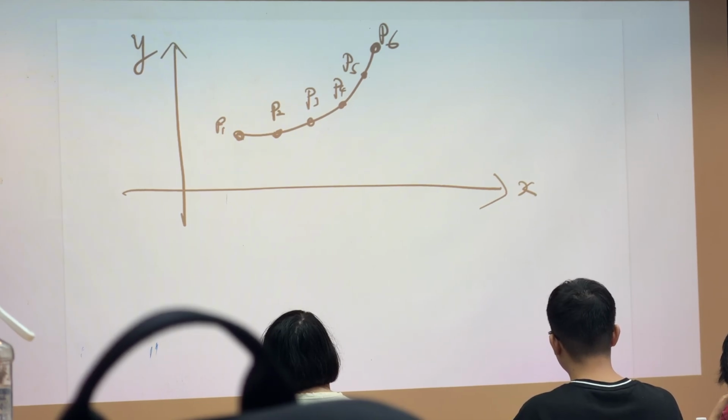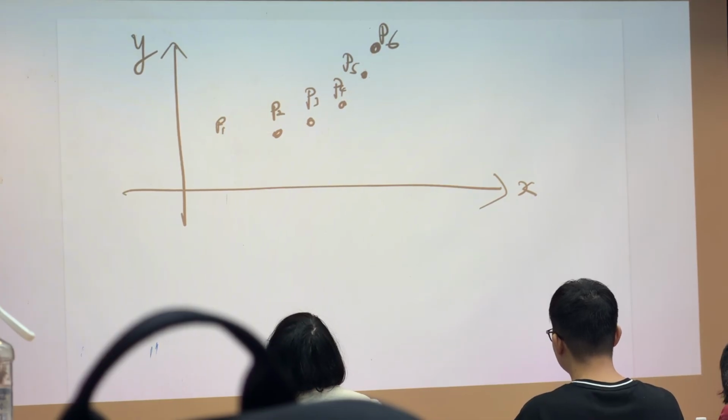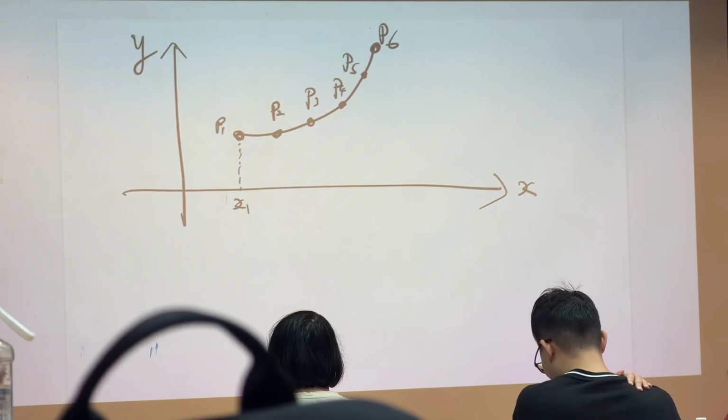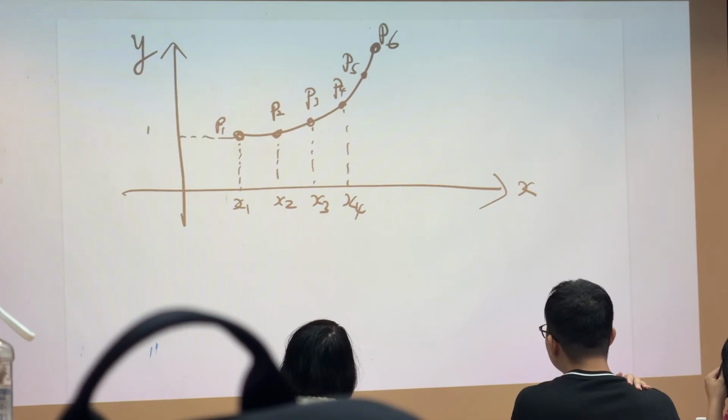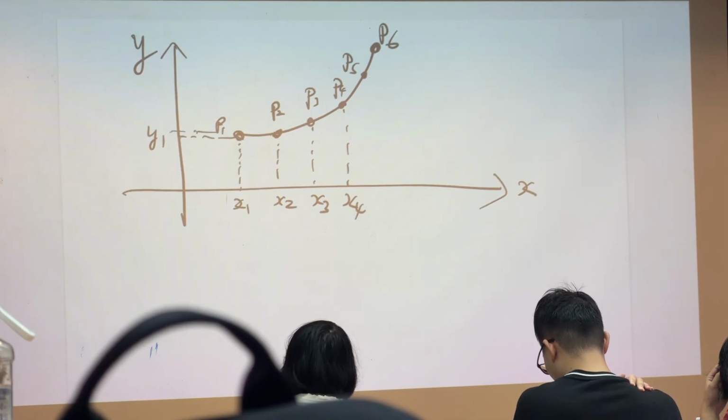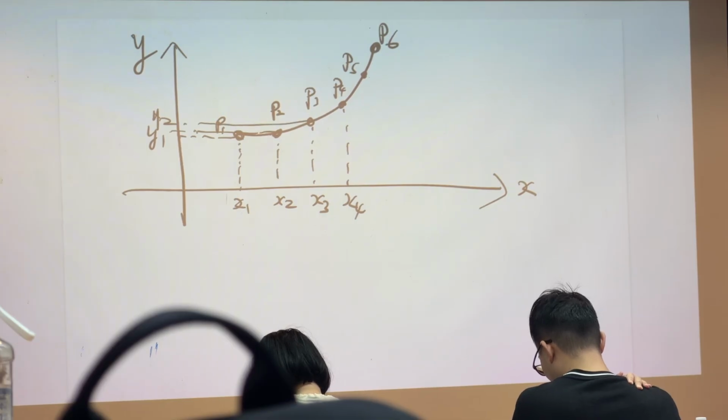Let's take a look at P1 and P2. Starting from here, this is X1, this is X2, X3, X4. Likewise, from here to here, this is Y1, Y2, Y3, and Y4.